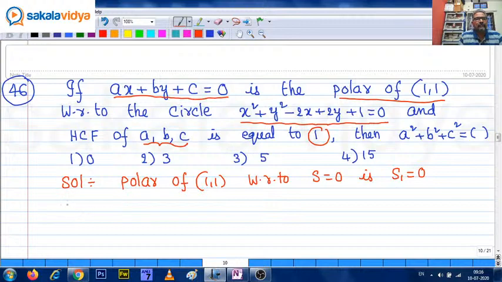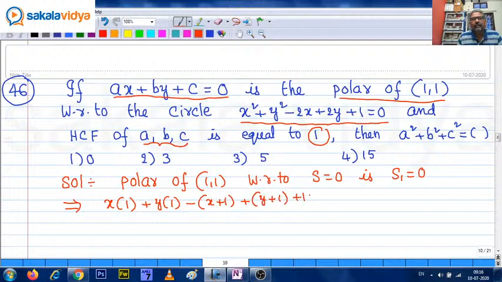Everybody knows. Now this is x into 1, y into 1, minus (x plus x1, means 1 plus 1), plus (y plus y1) plus 1 equals to 0.